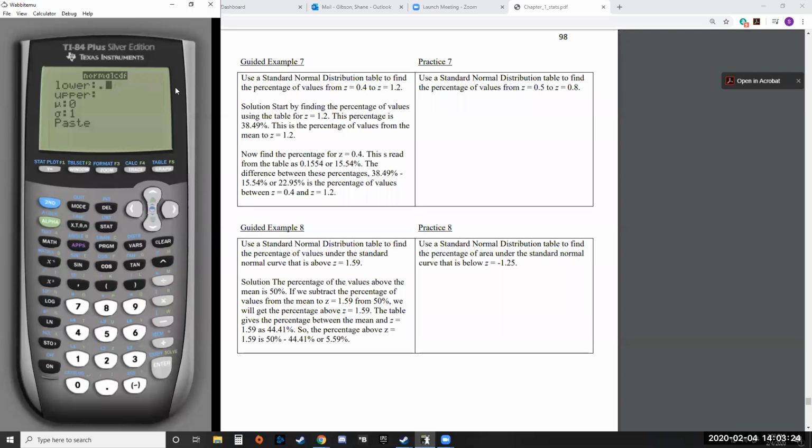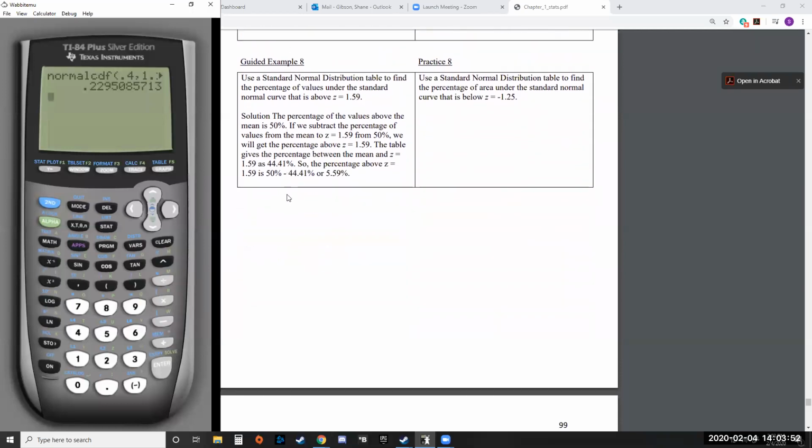So we're going to plug in 0.4 for our lower, and then press enter or the down arrow, and then 1.2 for the upper. Make sure mu and sigma here are 0 and 1. That just tells the calculator we're dealing with a standard normal distribution. And then if you press enter on paste and enter again, there we go. It's about 22.95%, and that would be our answer there.